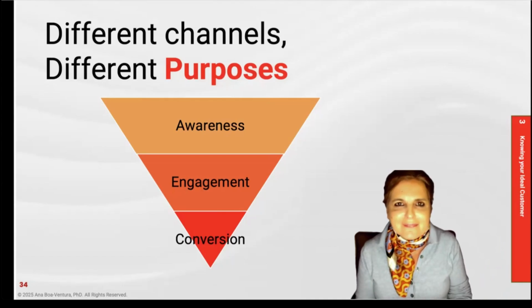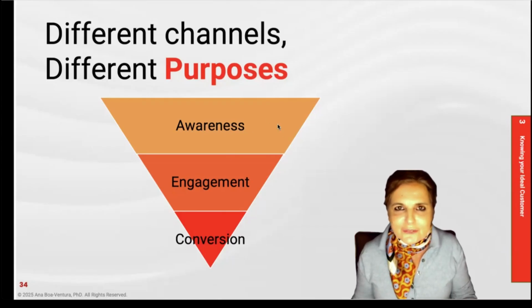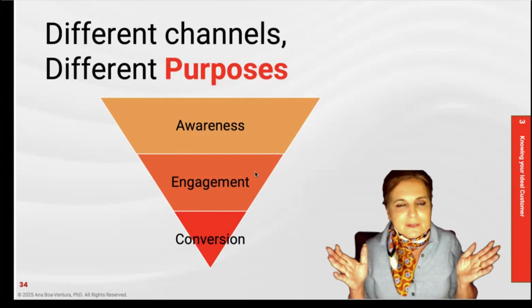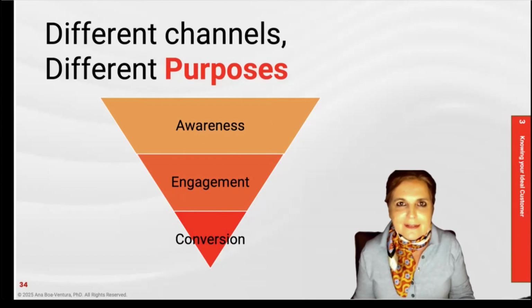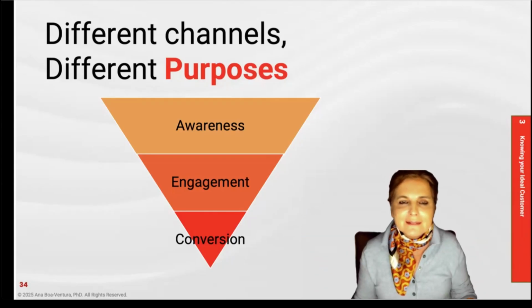For now, I just want you to know that one of the most simplified ways to represent this funnel is starting with awareness. People become aware of your business, of your brand. Then engagement. Only part of those that are aware of your brand will actually engage with it. That's why we're decreasing in terms of the number of individuals.